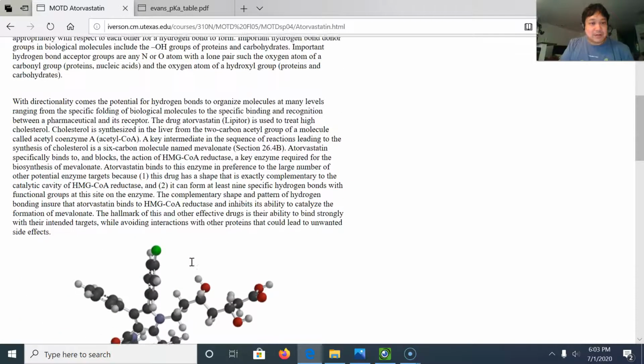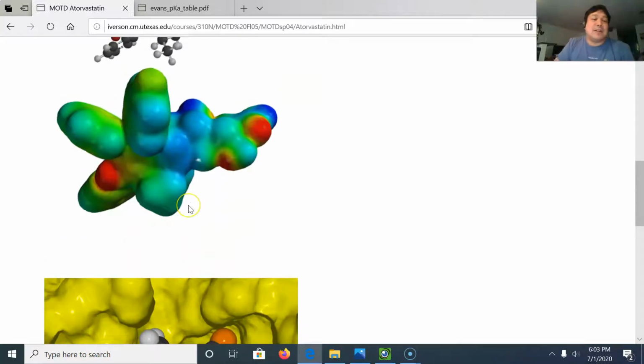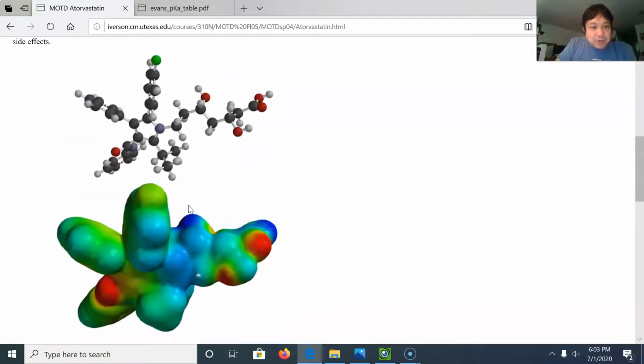Before leaving this picture, this is called an electrostatic surface potential map. It's just telling you the charge density around the surface. Red is electron rich, blues are electron poor. Your two hydroxyl groups are here. I know it looks like there's a hydrogen there, but that's not attached to that red atom.